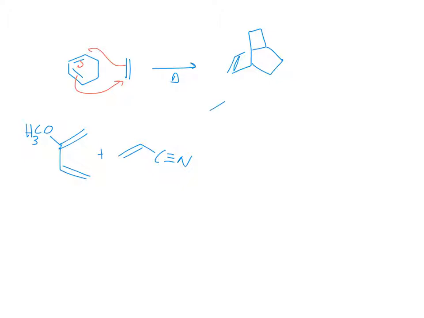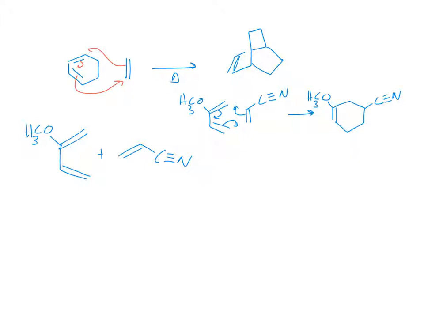If they line up this way, OCH3, and this way, then what would it give us? This would go like this. This would give us our OCH3 here, double bond there, and our nitrile over here.